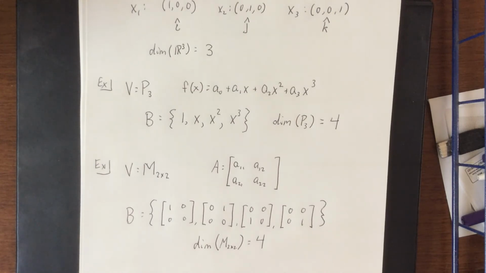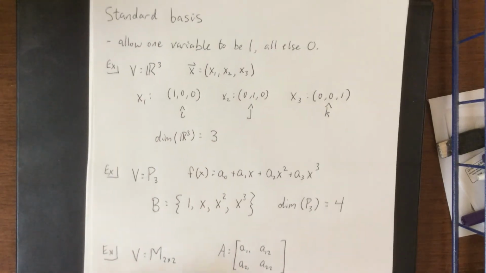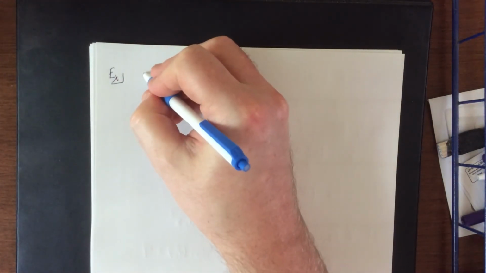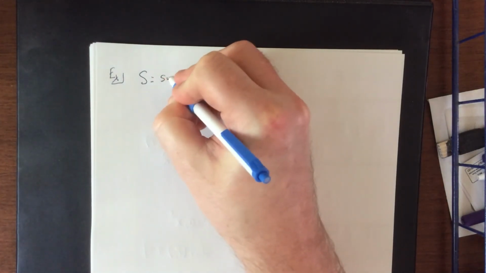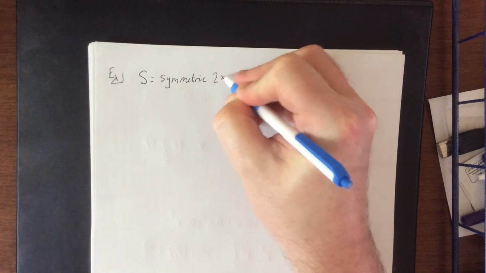Now that does take us to, what about subspaces or things of that nature? With the 2 by 2 matrices in mind, something that we have discussed in class a couple times is the idea of the set of symmetric 2 by 2 matrices. So we'll define S to be the set of symmetric 2 by 2 matrices.